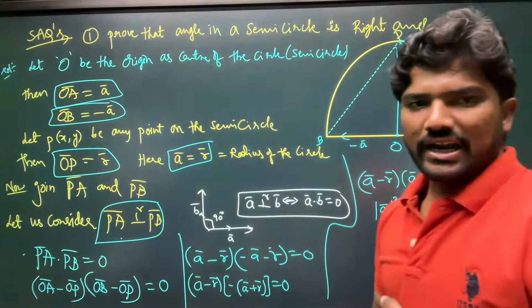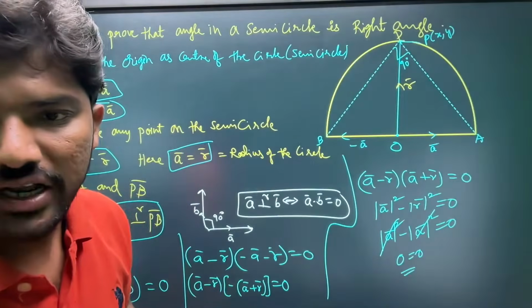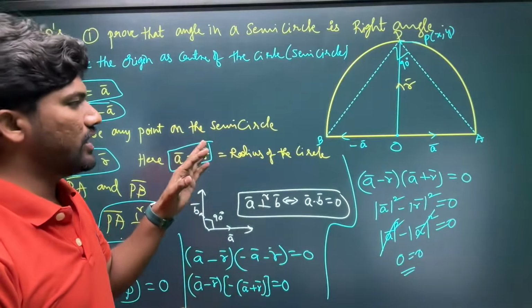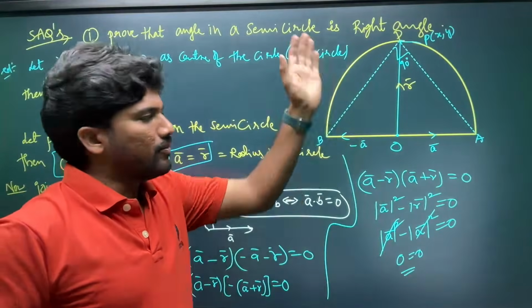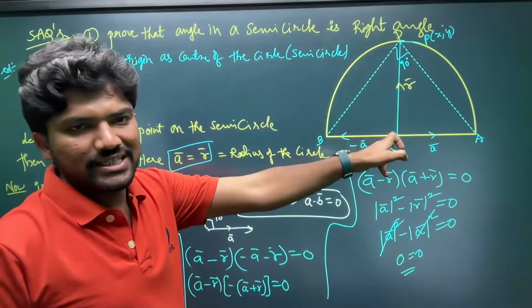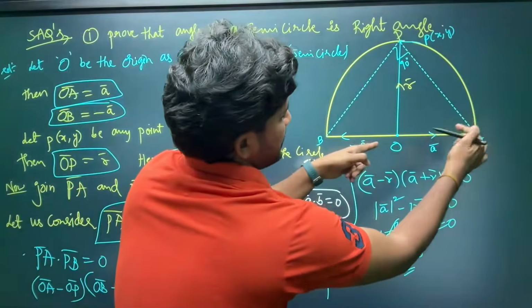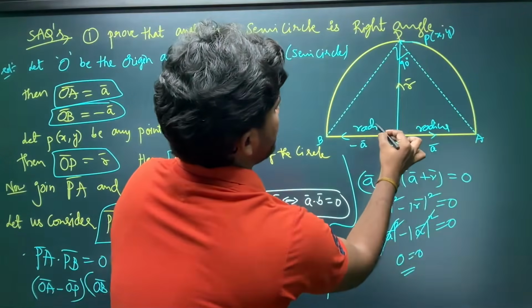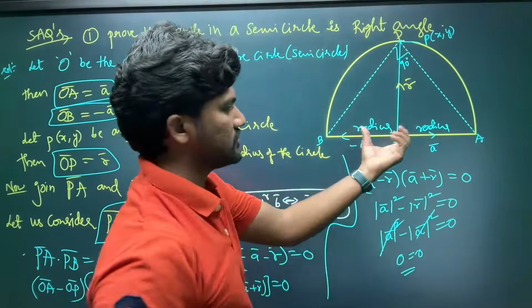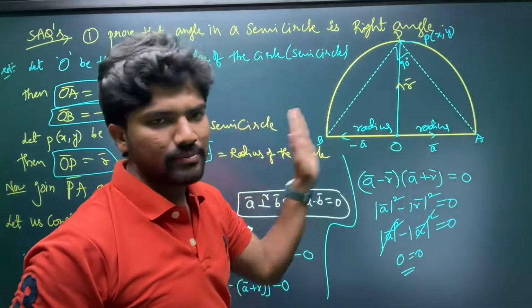Okay sir, why can't we take OB bar as B bar? Very good doubt from Jafar. OB bar we can take as B bar, but when you treat this center as the origin in the semicircle, the radius is already taken here, so this also becomes a radius, but the center is the origin. When you take the origin, the right side part is positive and the left side part is negative.